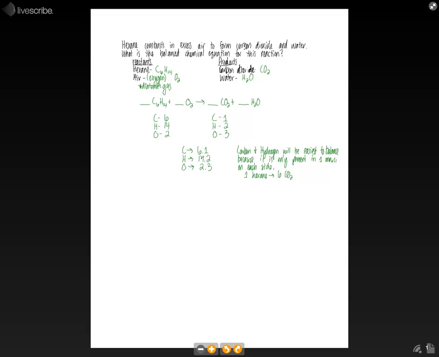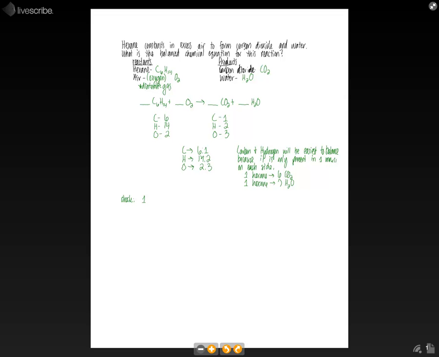And then using our hydrogen ratio of 14 to 2, again, if we have one hexane, we're going to need to have 7 H2O molecules in order for our hydrogens to be balanced. Now we can do a little check.